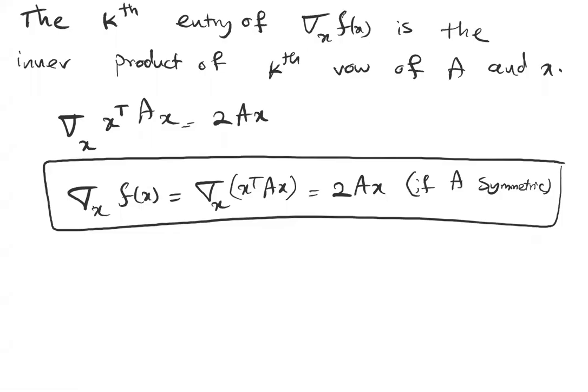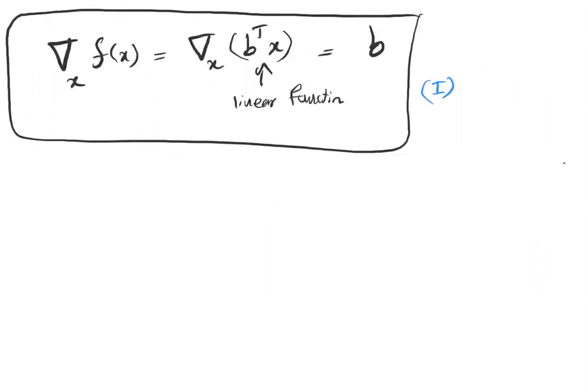Now, we notice that the gradient of f of x for the quadratic form is a linear function. And we already know for linear function from the previous one, this is what we had for linear function, right? So let me write this down here again. Gradient of quadratic function is 2Ax for symmetric A.